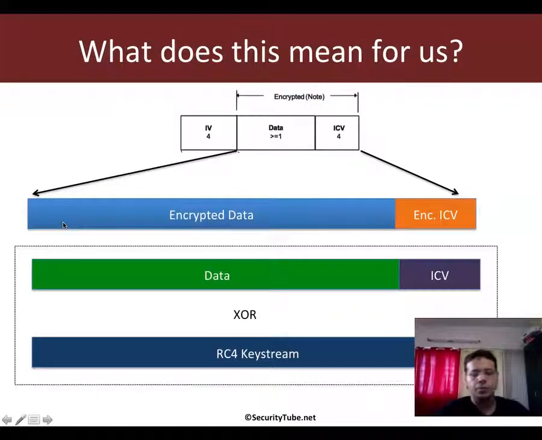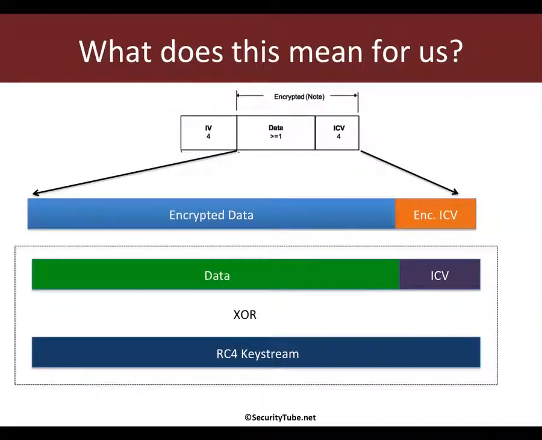So let's go ahead and look at this image. If you remember this from the last presentation, you have the IV, which is 4 bytes, and then you have the actual encrypted data consisting of the data for the application along with the ICV, which is a 4-byte CRC32 checksum. So we can represent this as encrypted data and encrypted ICV. Both of these are encrypted.